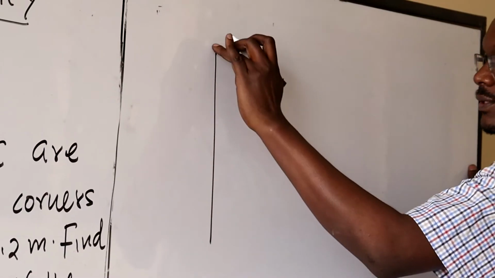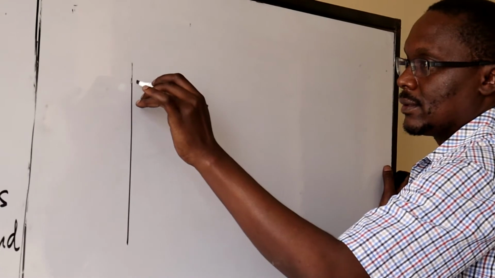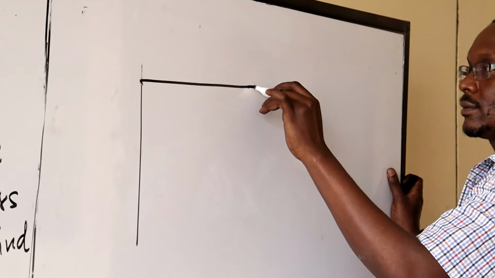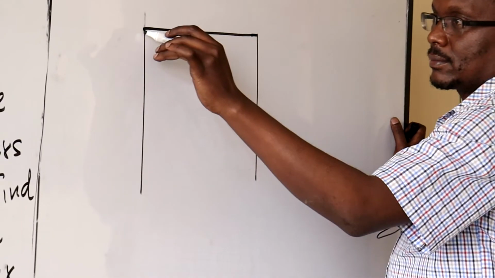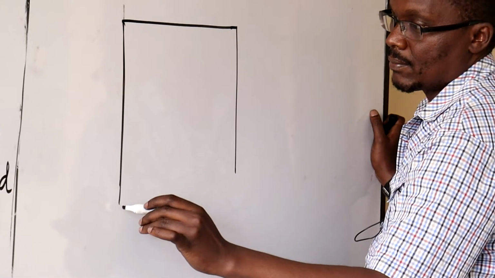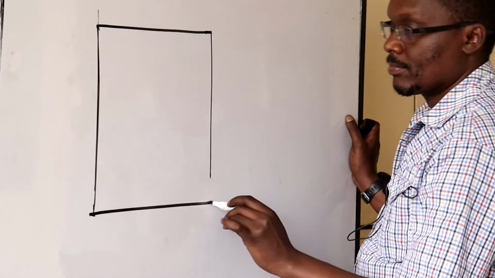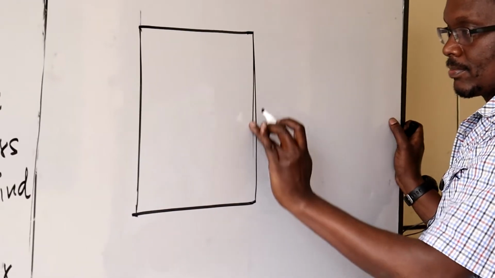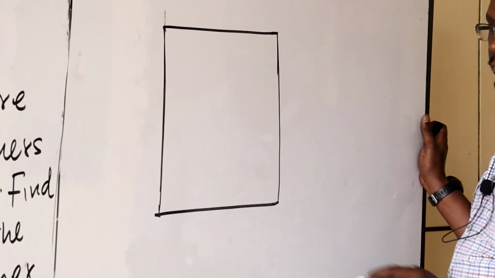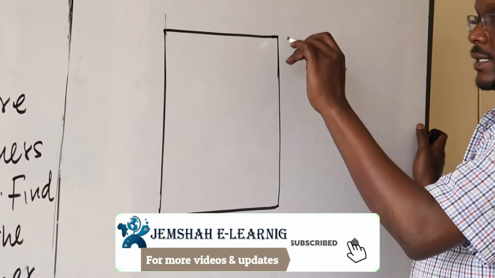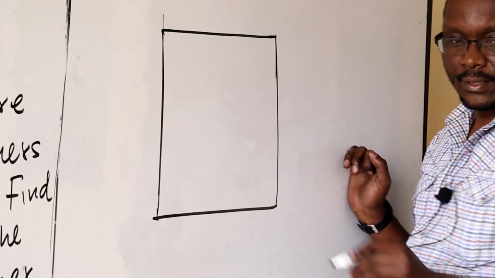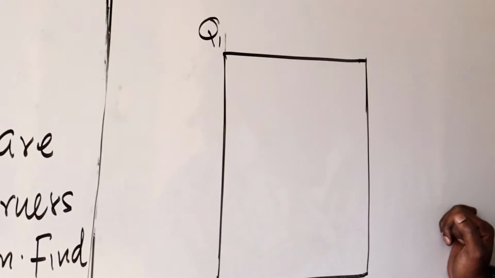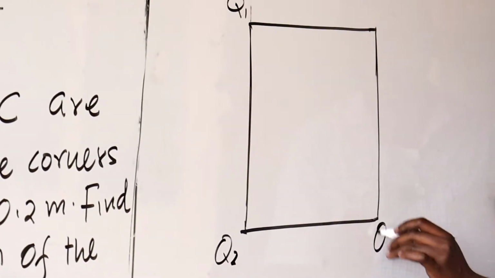So let's try to draw a square. So we have that. Let us assume that that is the vacant corner. Say that this corner is Q1, that be Q2, and this be Q3.